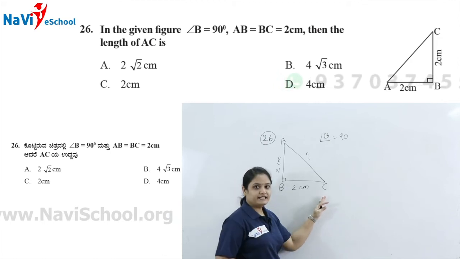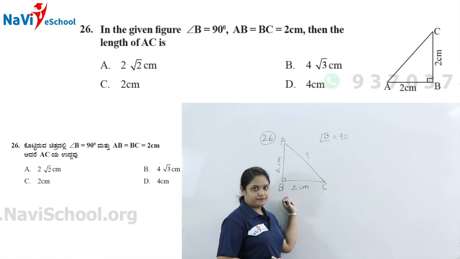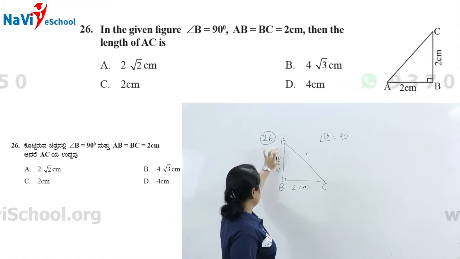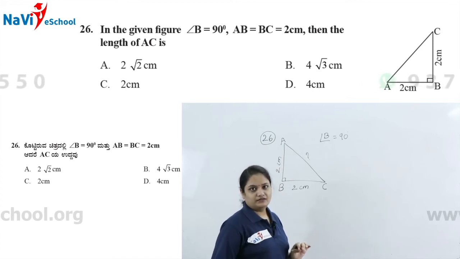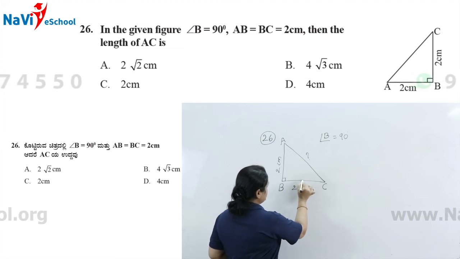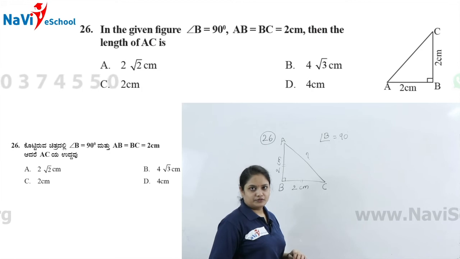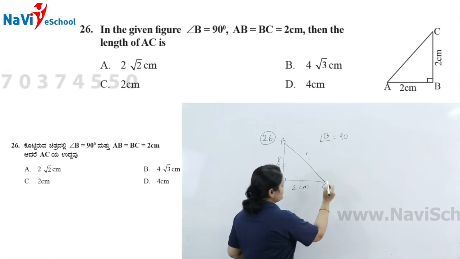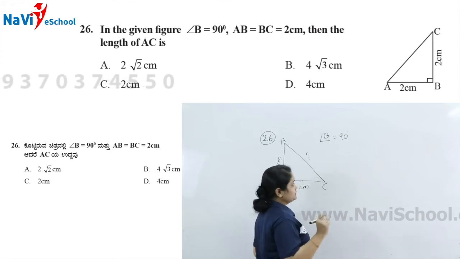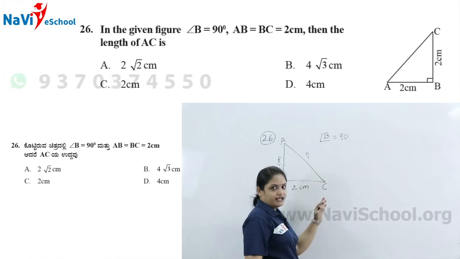This is a right angle triangle because angle B is 90 degrees. So here they have given BC and AB are 2 centimeter each. It means what? BC is equal to AB and both are 2 centimeter. So here what do we have to do? Which theorem do we have to apply? Pythagoras, isn't it? To find out the length of AC, or you can say hypotenuse.